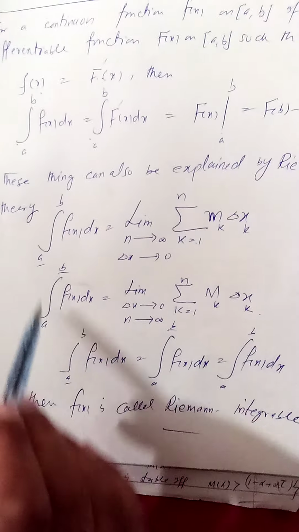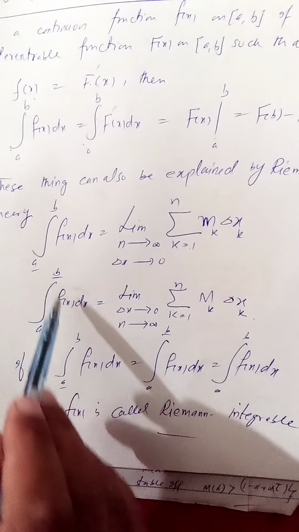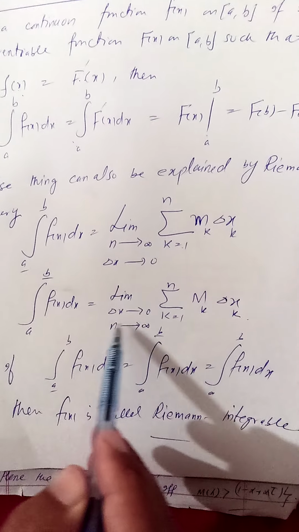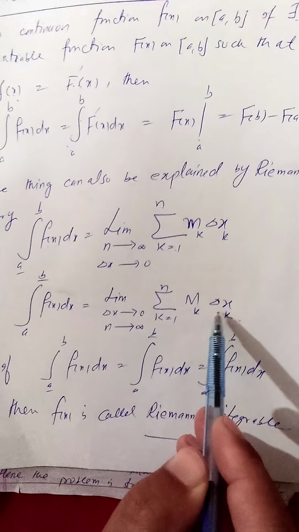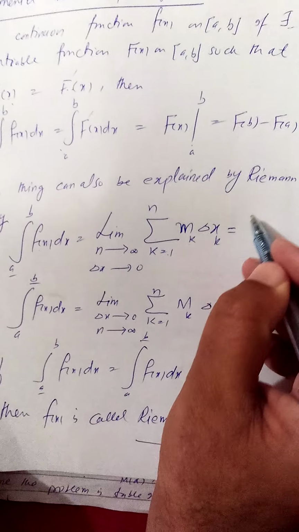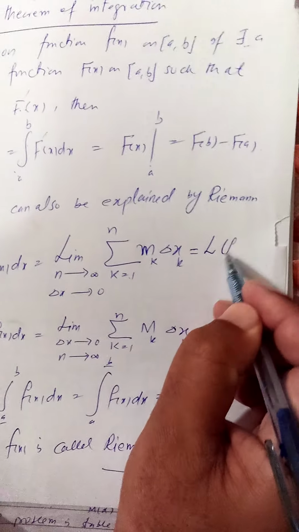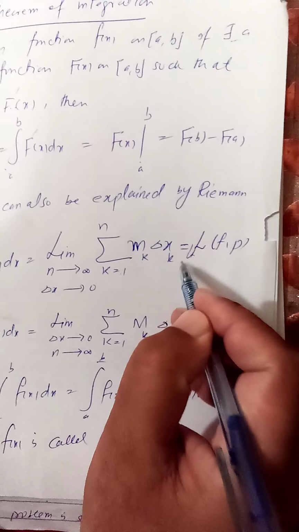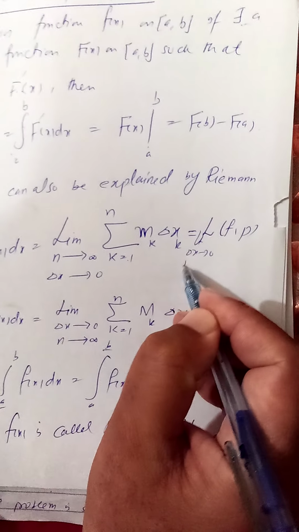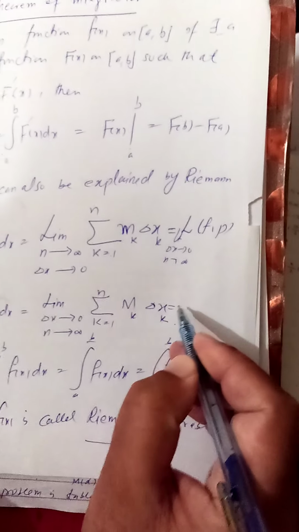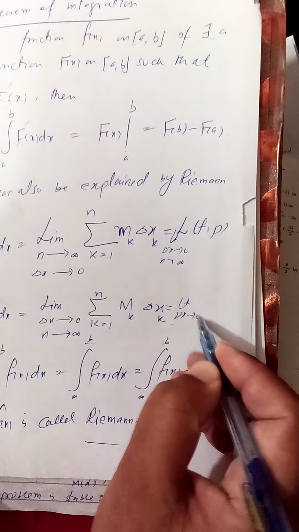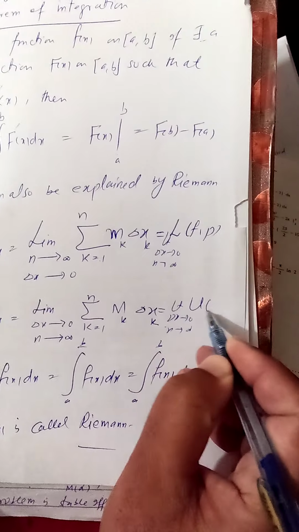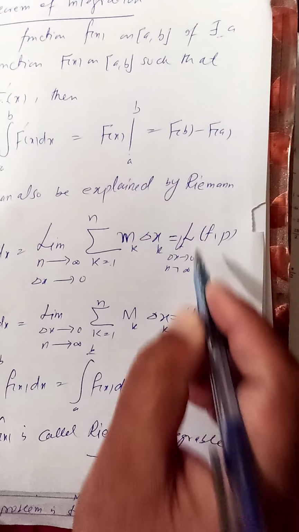Then similarly, the integration from a to b of f(x) dx is the limit as delta x tends to 0 and n tends to infinity of the sum of m_k delta x. This is denoted by L(f, P), the limit as delta x tends to 0 and n tends to infinity, and this summation we denoted in the previous lecture by U(f, P), the upper sum, and this is the lower sum.